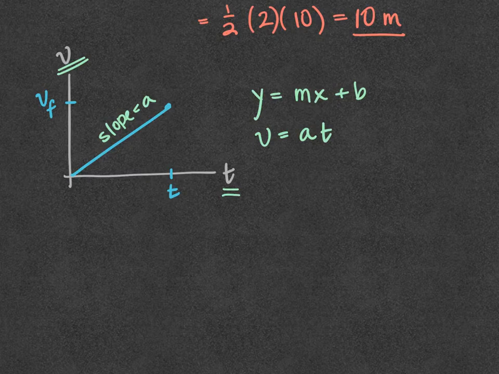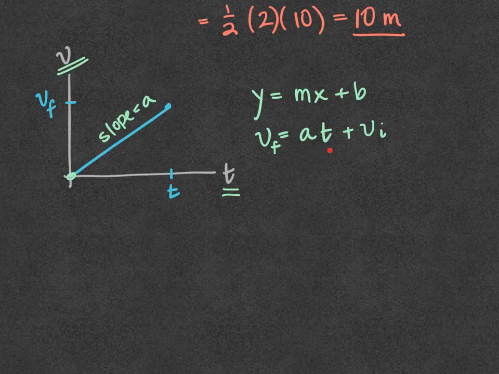And then b represents the y-intercept, and in this special case right now, it's 0, but we'll just put v initial here, okay? And this would be our final velocity if we're thinking about it as a line where you have the slope and the time.